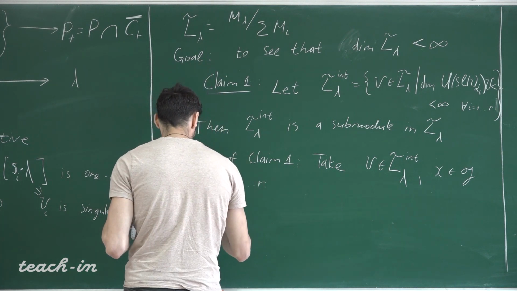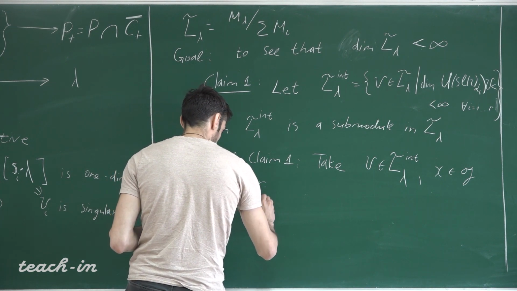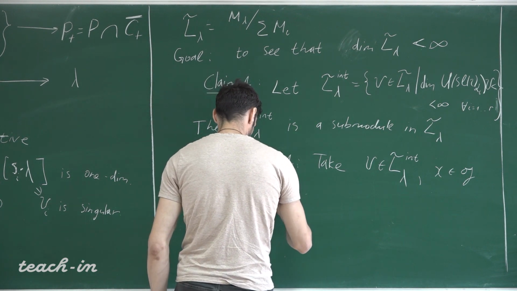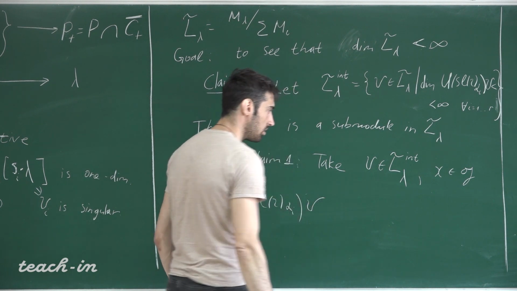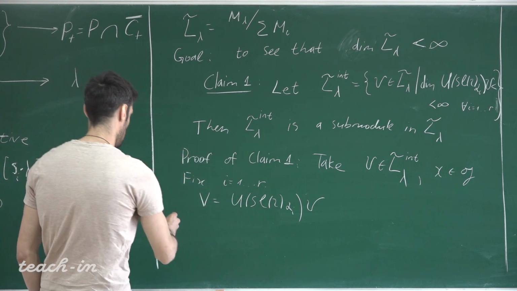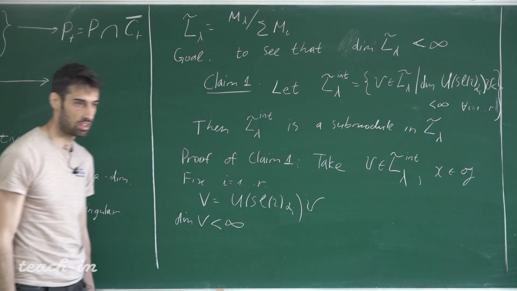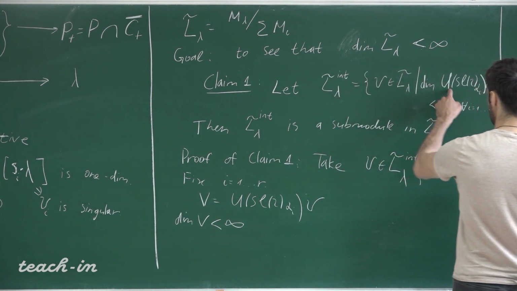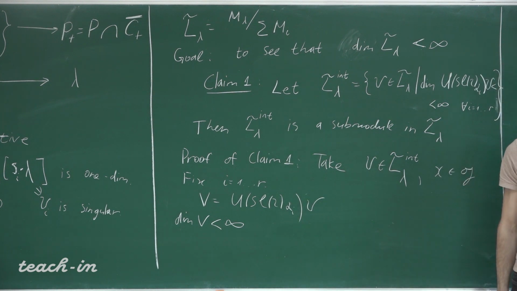Then let me consider V to be everything which is generated by SL2 alpha I from V. By definition of L lambda integrable, the dimension of this is less than infinity, right? So V is inside here, and by definition, the dimension of such a thing is less than infinity.